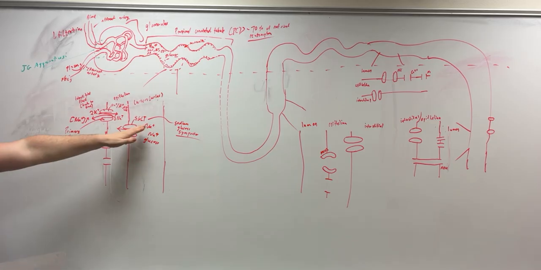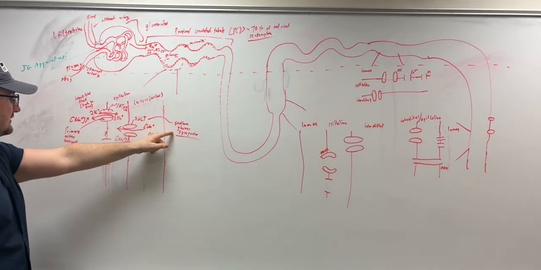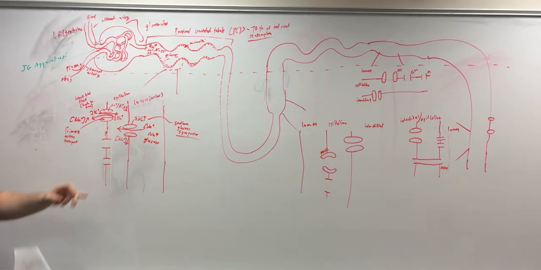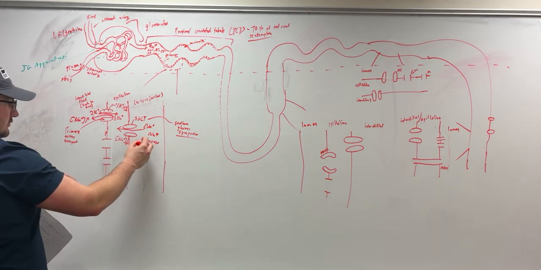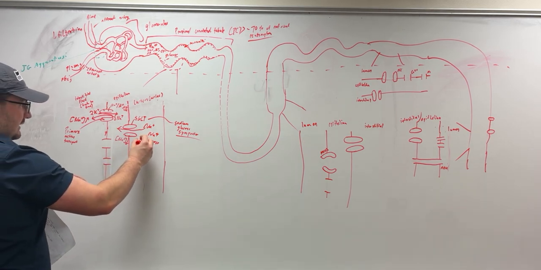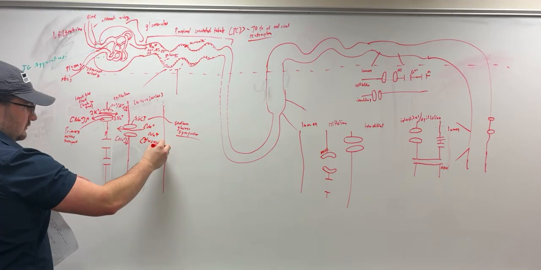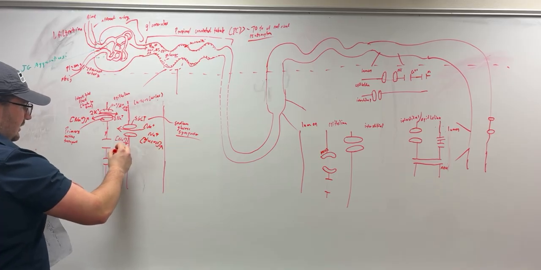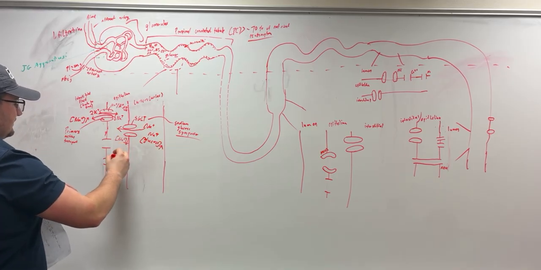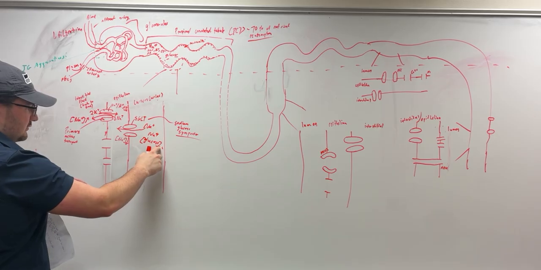So anyway, now that we have this sodium going through this SGLT, sodium glucose symporter, glucose can sort of hitch a ride. So glucose is high in this lumen, and it's low out here in the epithelium. Or sorry, I said that backwards, I apologize.